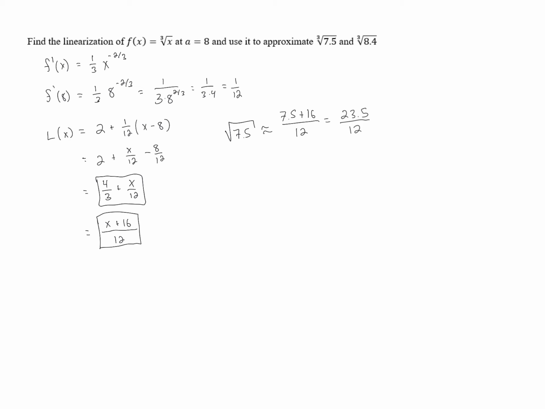And I am going to be lazy and use a calculator here, but we could go through and do this long division to get an approximation without a calculator. So this still unlocks the ability of us to get an approximation of a cube root without needing a calculator. I'm just using a calculator out of sheer laziness. I don't want to have to write out a long division problem.